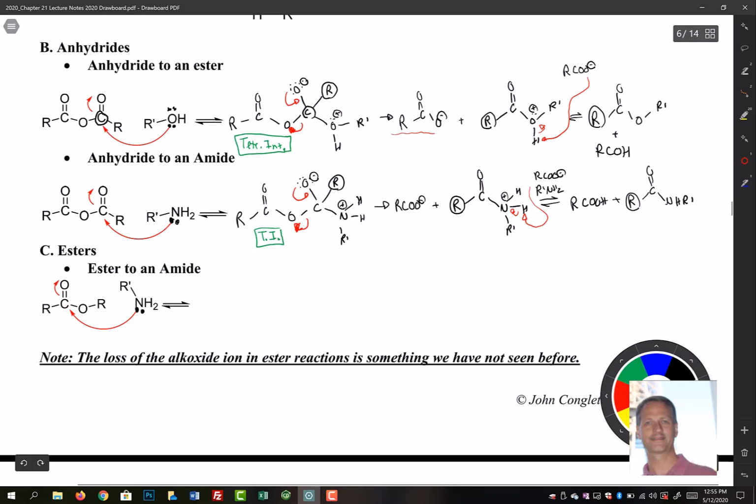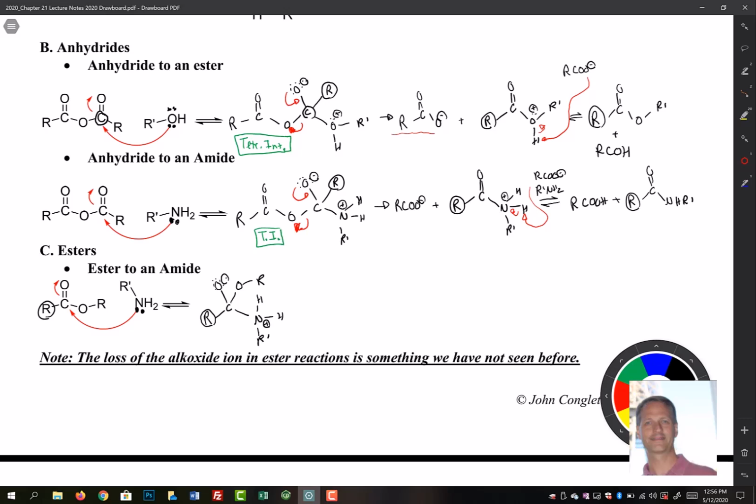So an ester to an amide, same general principle here. So that's going to give you your R here, your carbon, oxygen, minus charge. Here you have your O R group, and that's going to be connected to a nitrogen with an H, an R prime, and another H, and a positive charge there.